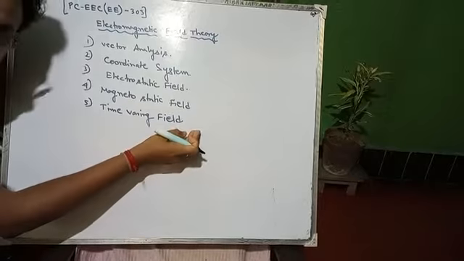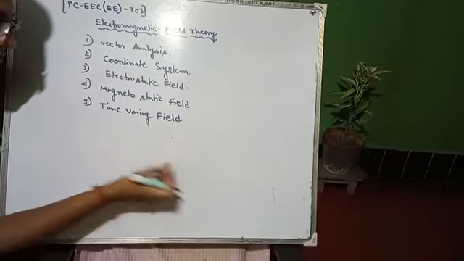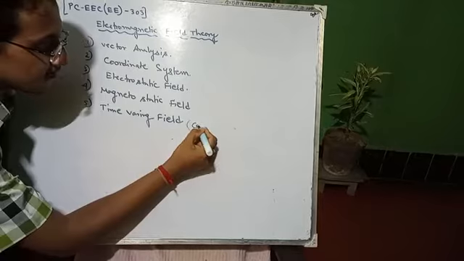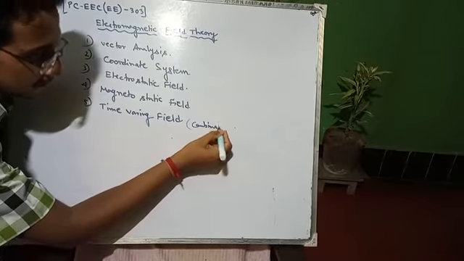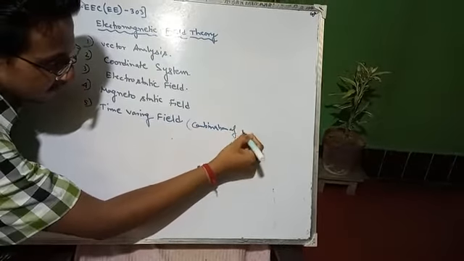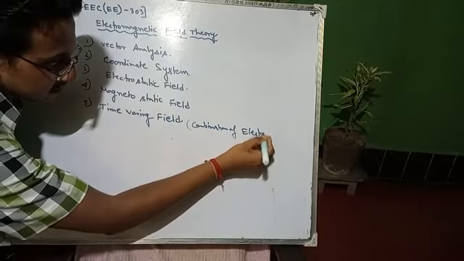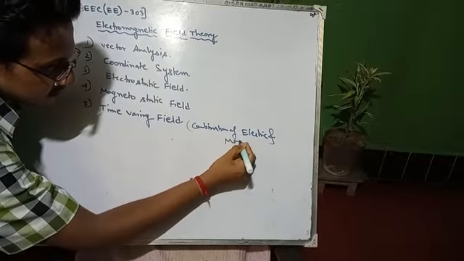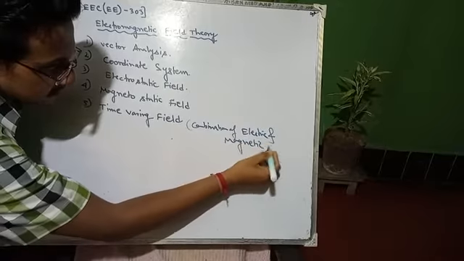So it may be electric field, it may be magnetic field. So this time varying field is a combination of electric and magnetic field.